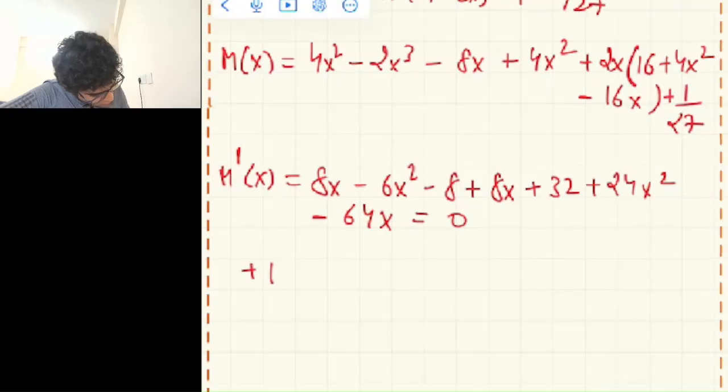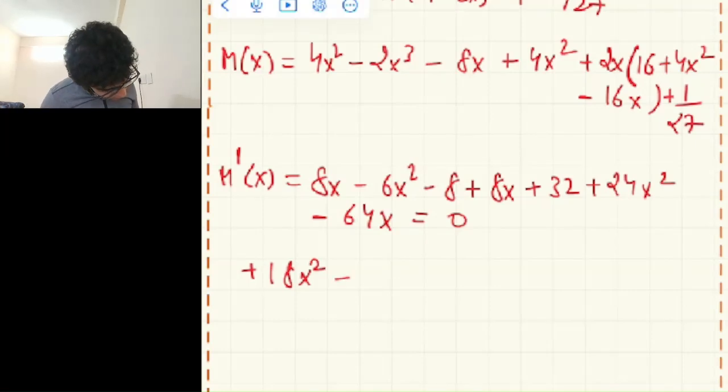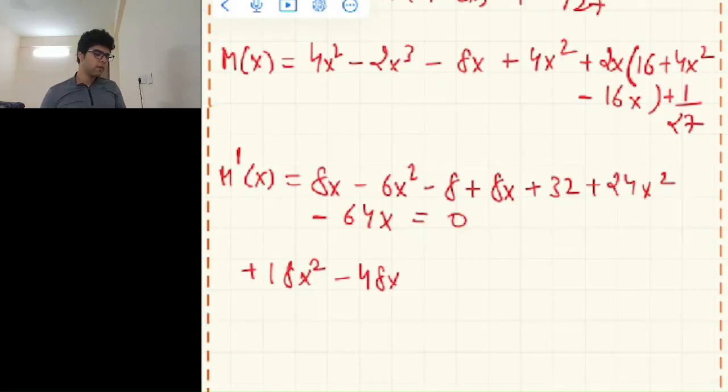So this would be positive 18x squared, and 8x and 8x is 16x. 16 minus 64 is 54. 54 minus 6, so this would be 48. So 48 minus 48x, and I'm left with the constant, which is 32 minus 8. 32 minus 8 is 24, plus 24 is equal to 0.